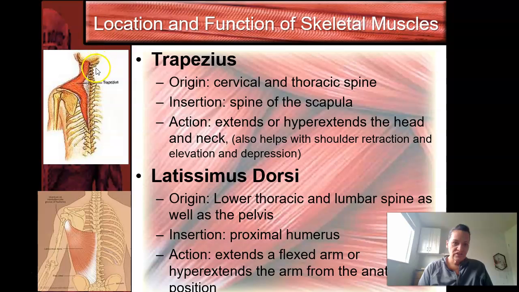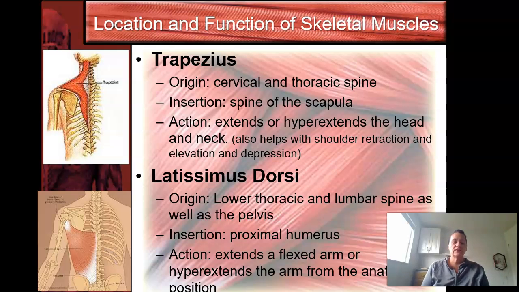So the origin is over here, the cervical and thoracic, and then the insertion is over here. It extends and hyperextends the head and neck, okay? And then also helps with shoulder retraction and elevation and depression, bringing it down even lower, okay?